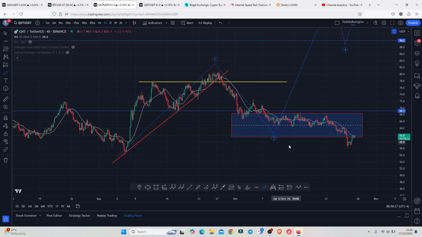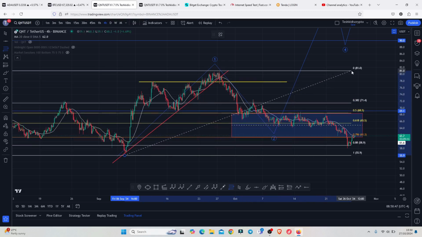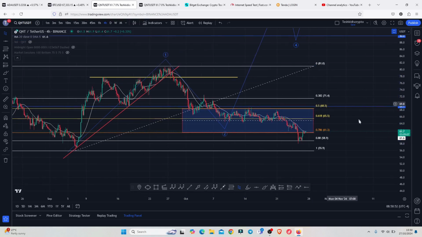And after we peaked in that wave 1, we started a bit of a corrective structure in an impulsive count 2, whose minimum target areas I have highlighted on the charts using this target area, an area that I came up with using the Fibonacci, connecting the fibs from the low of the first wave to the high of this impulsive count 1, giving me a minimum pullback target area between the fib level 0.5 and the fib level 0.78, and that is between the $68.5 and the $61.3, an area that we have now fully maximized.